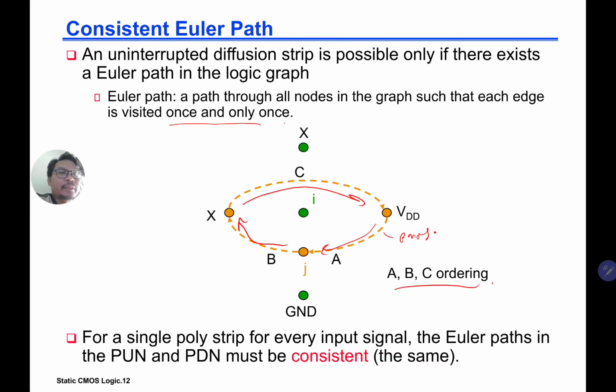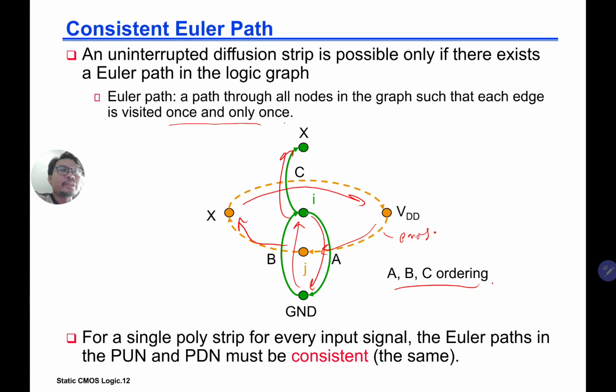For a single polystrip for every input signal, the Euler path in the PUN and PDN must be consistent, or the same. So for the NMOS, we also need the same ABC ordering. Can we get the ABC ordering for the NMOS? We can. We see here A, B, and C, and we travel through the graph visiting every edge once and only once.